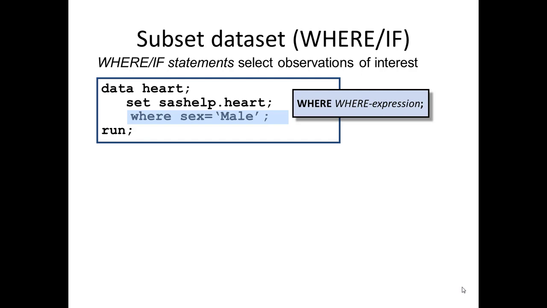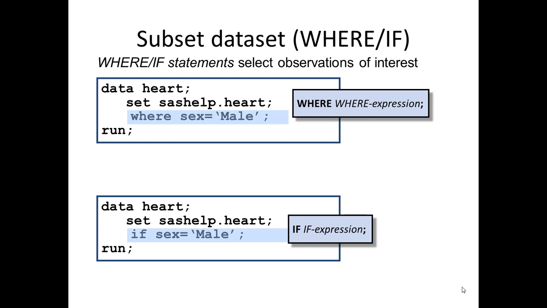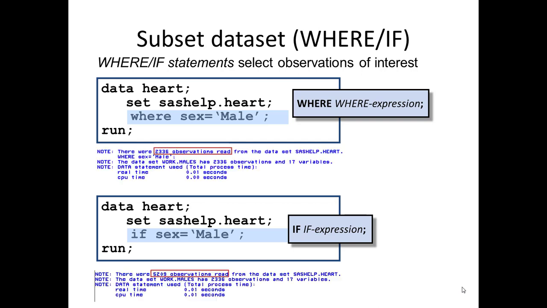So we're saying we only want to keep information where sex is equal to male. Or we could have also said if sex is equal to male, then that output gets saved to our new HDAT dataset.